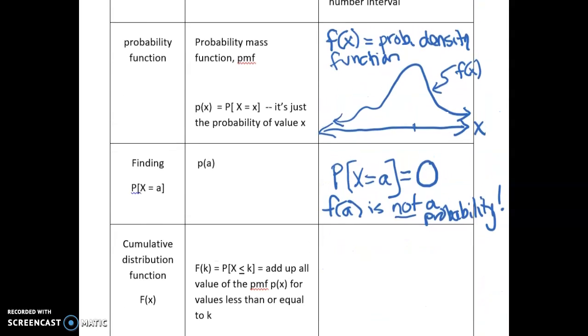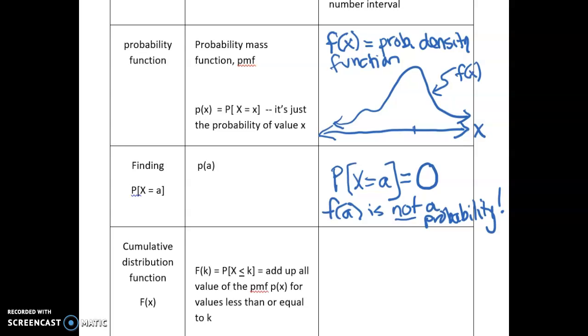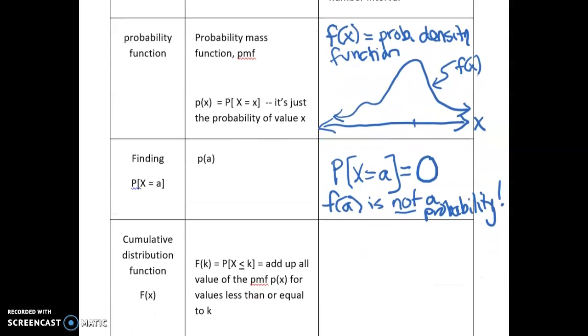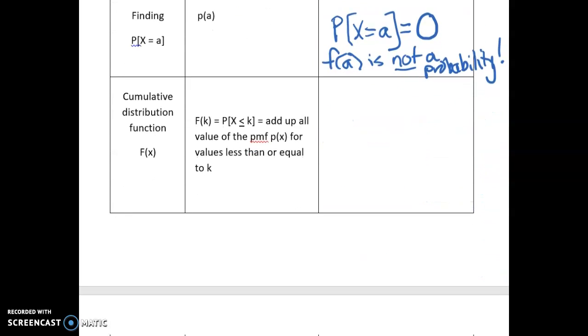Continuing. The cumulative distribution function means the same thing it did before. If we want to find capital F of k, we're just going to find the probability that x is less than or equal to k.